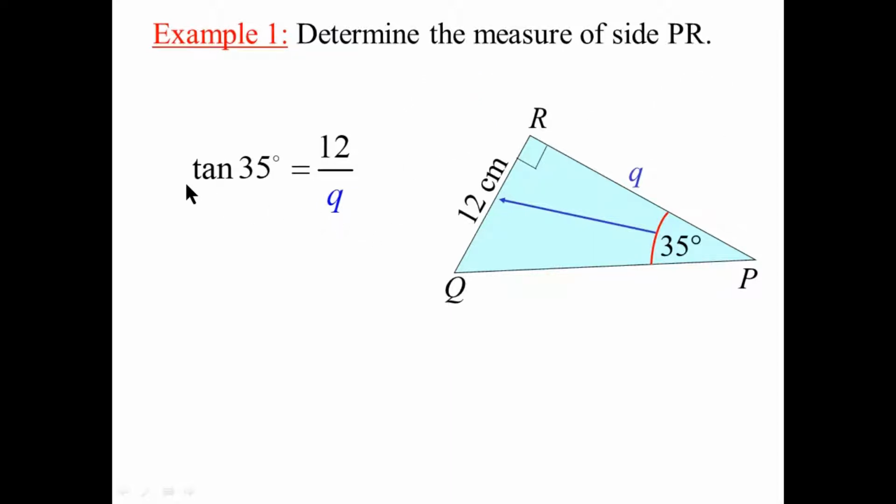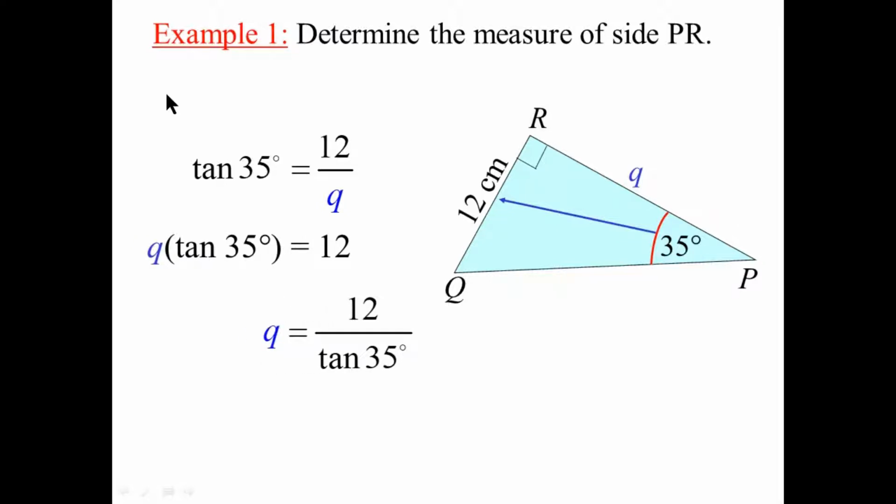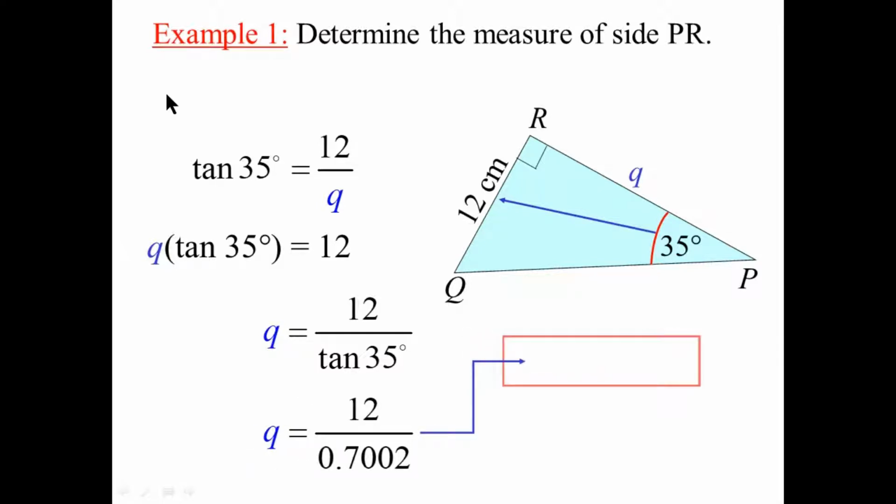And then multiply both sides by Q, divide both sides by tan 35. And Q turns out to be 17.1 centimeters. Confirm it on a calculator.